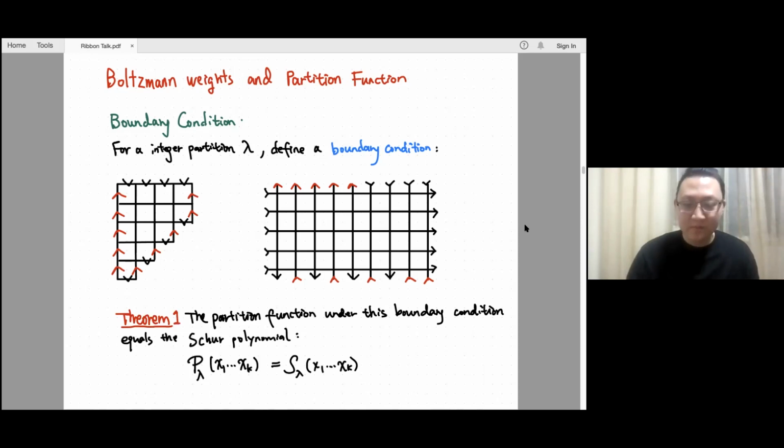Under this boundary condition, the partition function equals the Schur polynomial. The number of rows is the number of variables in the polynomial, and it's also equal to the maximal entry that you can put on the tableau.